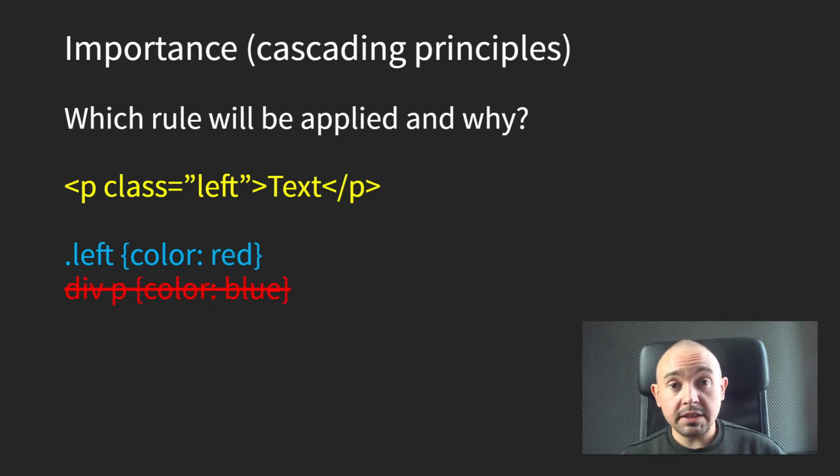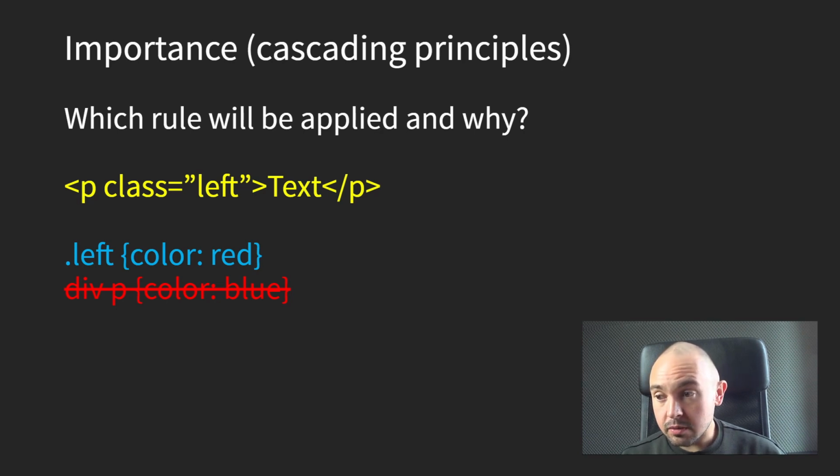Of course, the answer is the first one, and let's see why. The second selector is div p, so take a p tag which is in a div tag. So we have two tags in the selector, which means that we have two bronze medals. But in the first rule, we have a selector containing only a class.